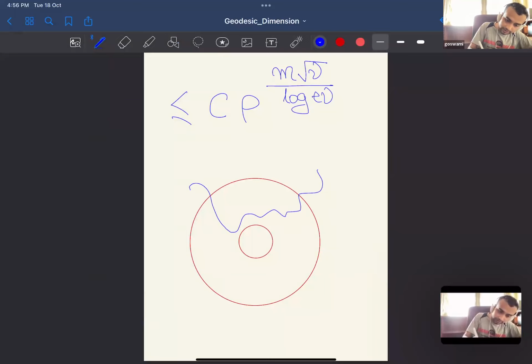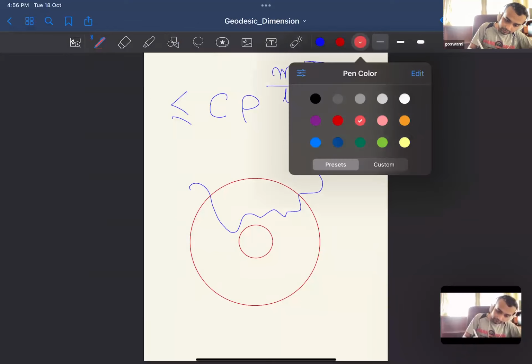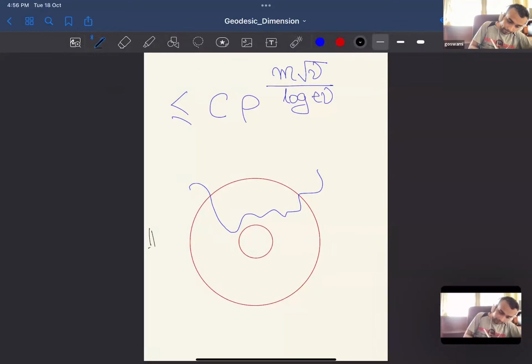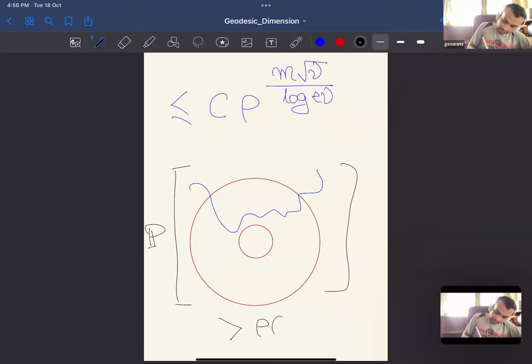The probability of this happening is strictly bigger than 0, but not just that, it's something that only depends on psi. That's important. It doesn't depend on scale, point, or anything else.